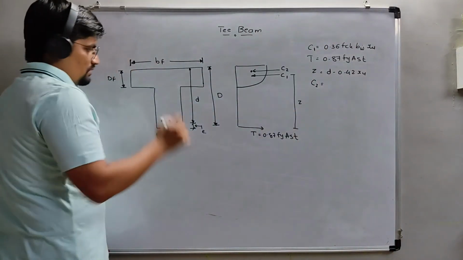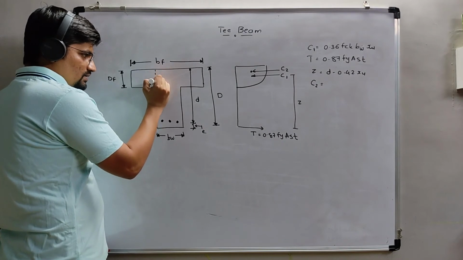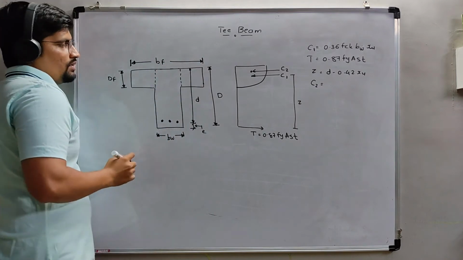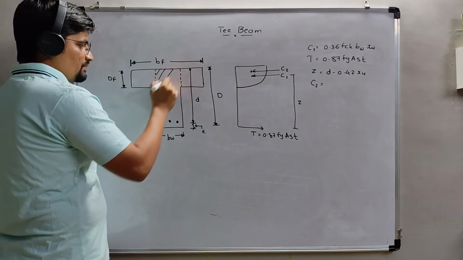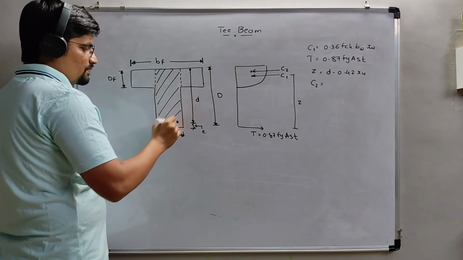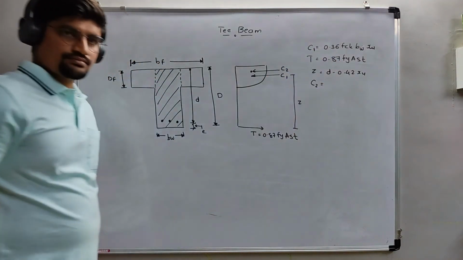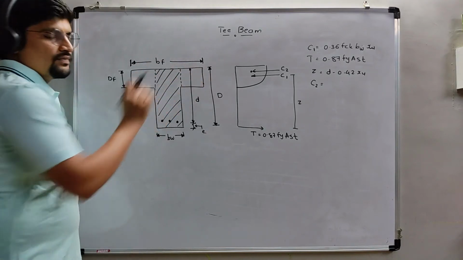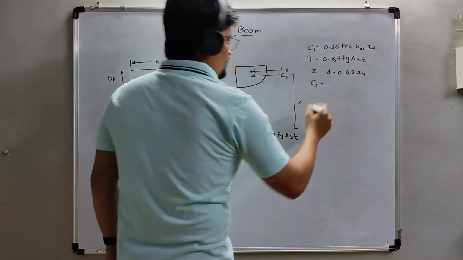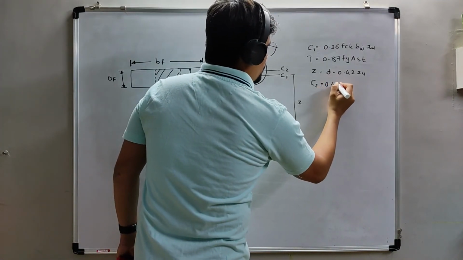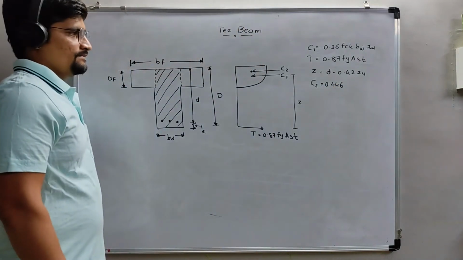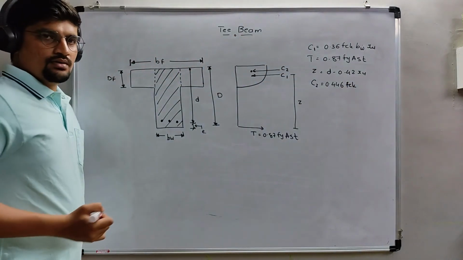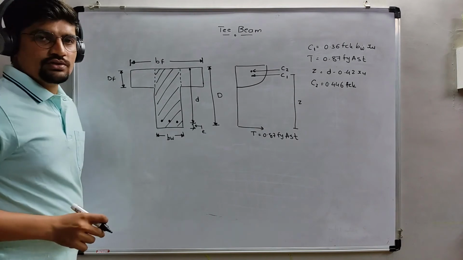We can say it like this. If we consider a beam portion here, this portion is already calculated for compression force, which is C1. Now this portion is only left for the compressive force. So C2 will be 0.446 fck, where fck is the compressive strength. Force is equal to stress into area.